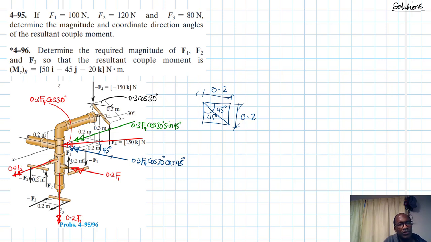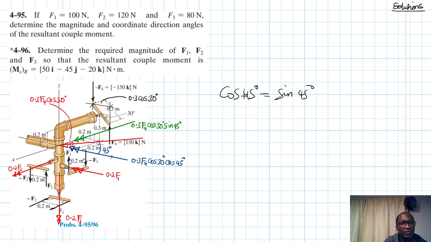We know cos 45 and sine 45 are the same, right? Cos 45 is equal to sine 45. Great. So once we have that, we can start writing our equations very fast, because one part of the problem is solved.